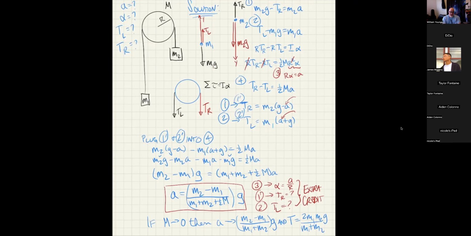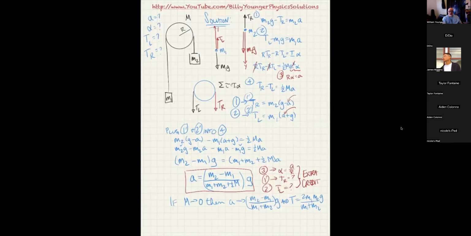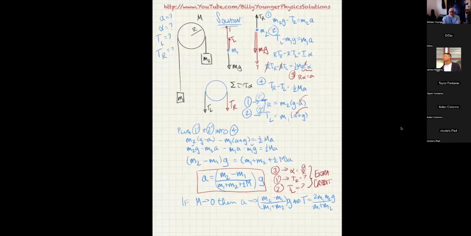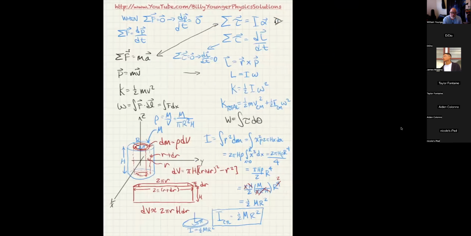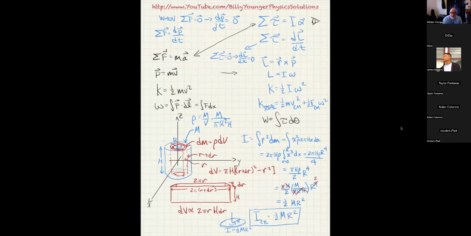Okay, so now I have shown you some of the stuff we can do now that we have torque and an equation for torque. One thing I want to warn you about, and your book does this too, the author makes sure he tells you this equation right here is not always true.